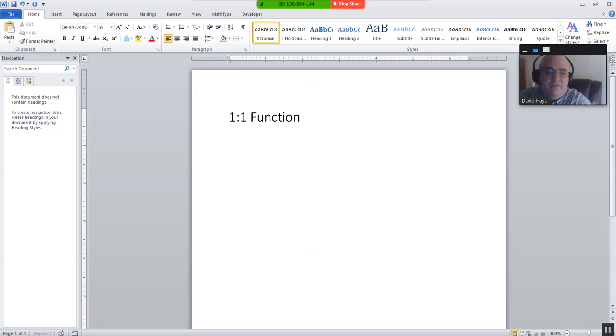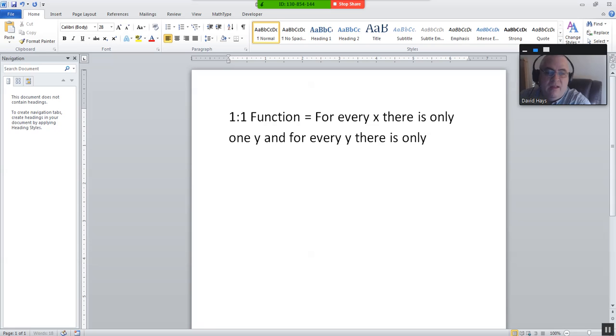For a one-to-one function, it says for every x there is only one y, and for every y there is only one x. So it goes both ways. Now that's a little bit hard definition to work with. We got an easier definition of a one-to-one function.